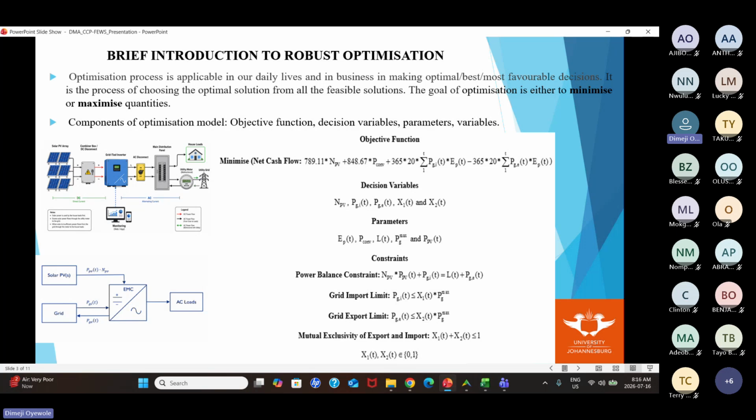Whenever you are modeling, you try as much as possible to simplify your model. So when you check most articles on PV sizing, renewable energy system sizing, they don't put all of these protection devices there. They simplify it by making all the protection devices and the converter just the energy management center.